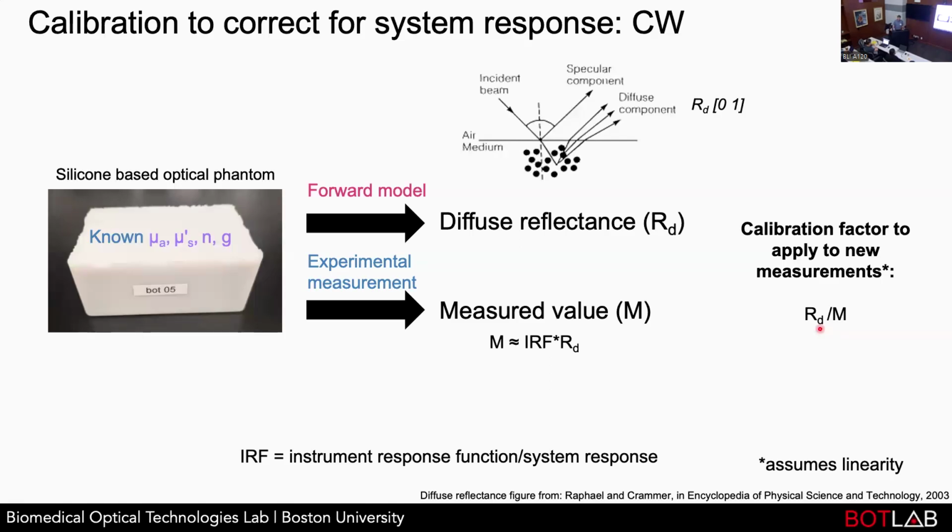Yes, the coupling can be different. If there's any difference in the fibers, you would want to do it for each source detector separation, absolutely. So I just want to emphasize that's not a constant, right? It is a function of your measurement variable. Yes, exactly. You can do this for frequency domain or the techniques we'll talk about today as well, not just CW.